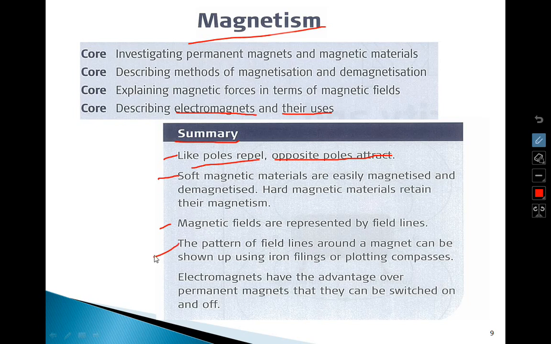Number 4, the pattern of field lines around a magnet can be shown using iron filings, as we watched in the last video, or plotting compasses. Number 5, electromagnets have the advantage over permanent magnets that they can be switched on and off.